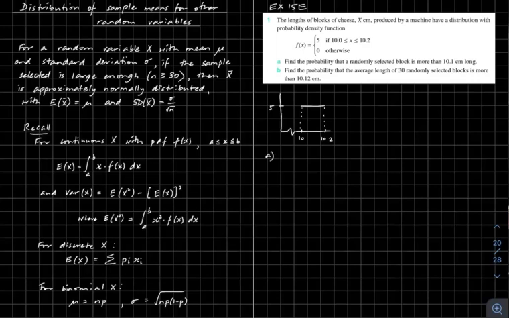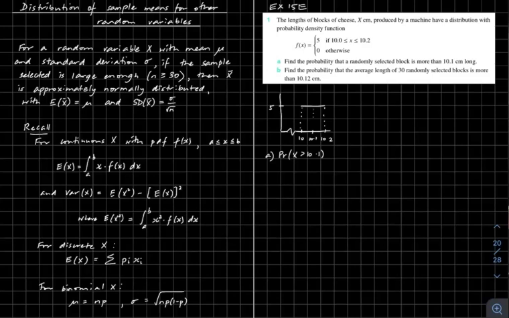Okay. So first of all, we're just saying, if I select a block at random, what's the probability that it's going to be greater than 10.1? Now, I don't know if you can look at this and almost intuitively see that 10.1 is right smack bang in the middle, so that is presumably going to be the average.